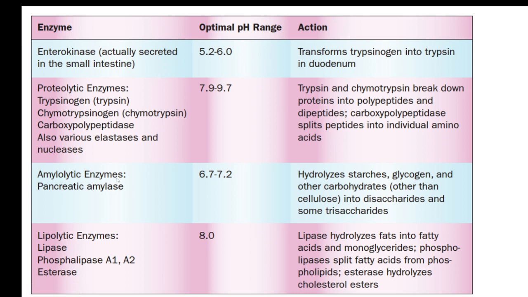Then the amylolytic enzymes, these are hydrolyzing enzymes which help in hydrolyzing glycogen and carbohydrates, as well as to a certain extent the disaccharides. And then lipolytic enzymes like lipase. So amylase and lipase are the other two enzymes, which are comparatively not as active as trypsin, but they are necessary for the digestion of carbohydrate and fat.